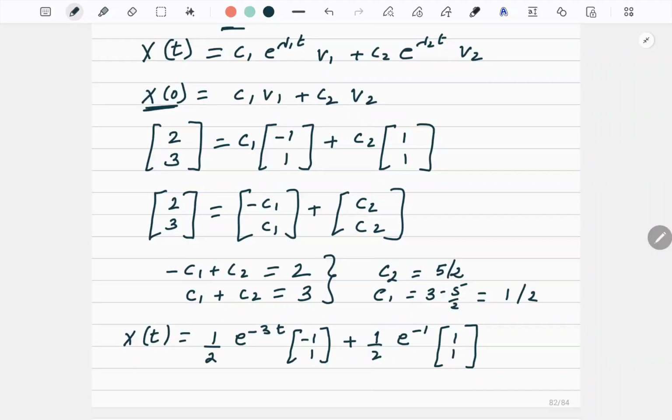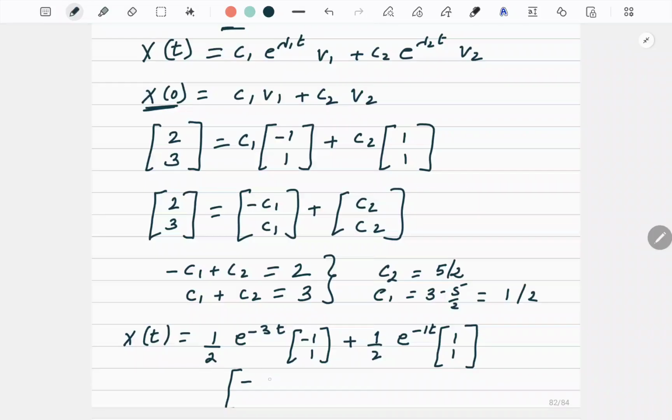simplify it also. Okay, you can write it as a matrix. You can write it down as a matrix also, and you can leave this also as an answer. If you want to write it as a matrix, it will become e to the power minus 3t by 2, and this you can combine, right? I'll show you how.